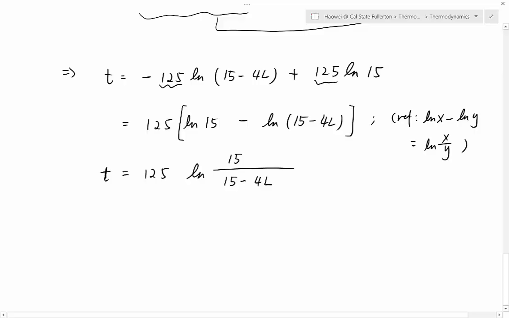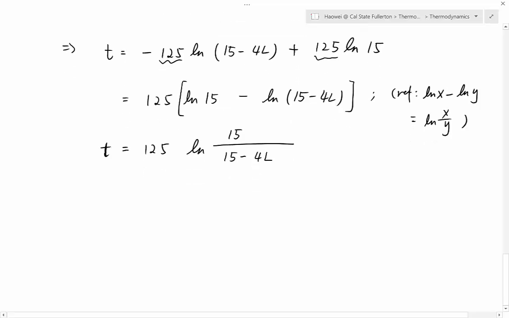Okay, next we just need to do some algebra because the question is looking for L as a function of time. So you should have L as the left hand side and everything else to the right hand side. Okay, so now we can move 125 to the left hand side. T over 125 is equal to natural log 15 over 15 minus 4L.